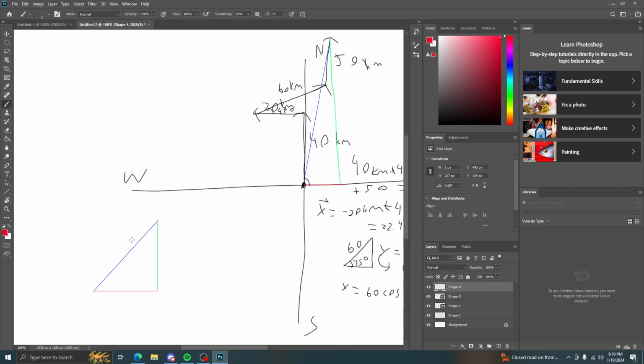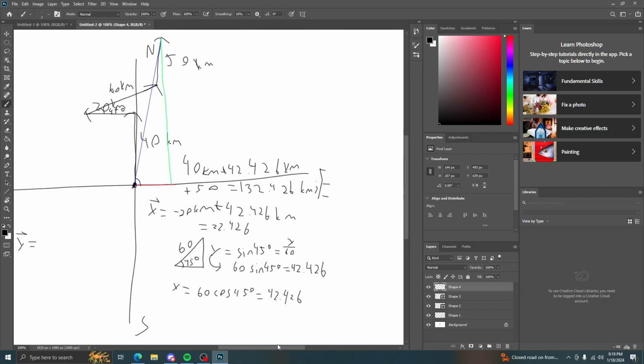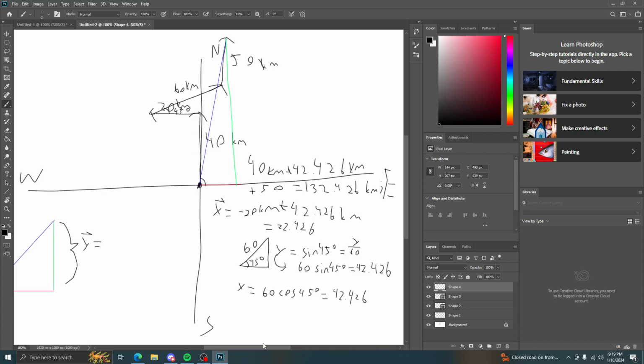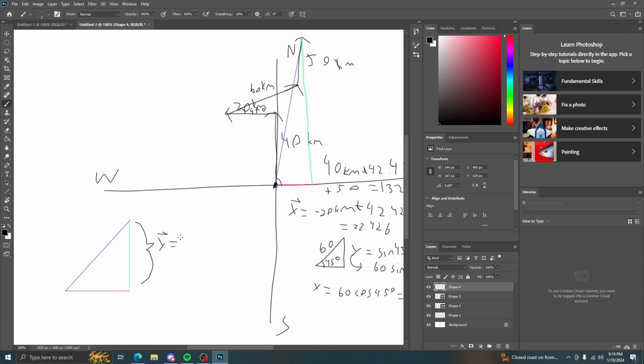All right, so this is the vector, and we have the y, total y distance traveled as 132.426 kilometers.